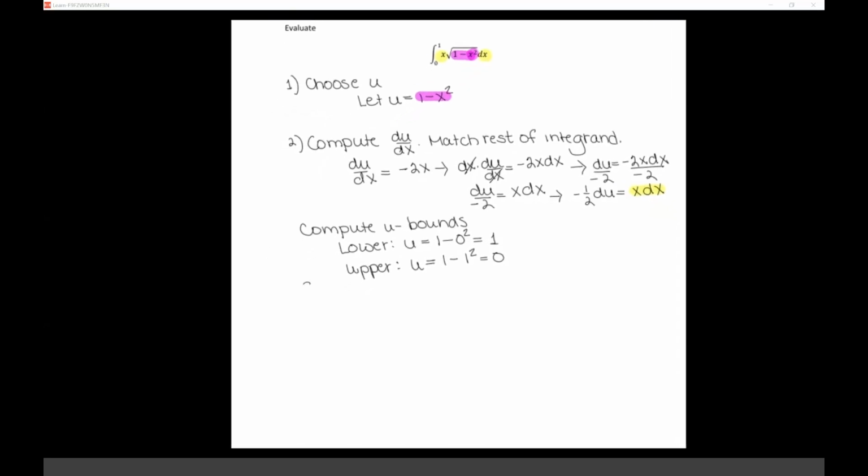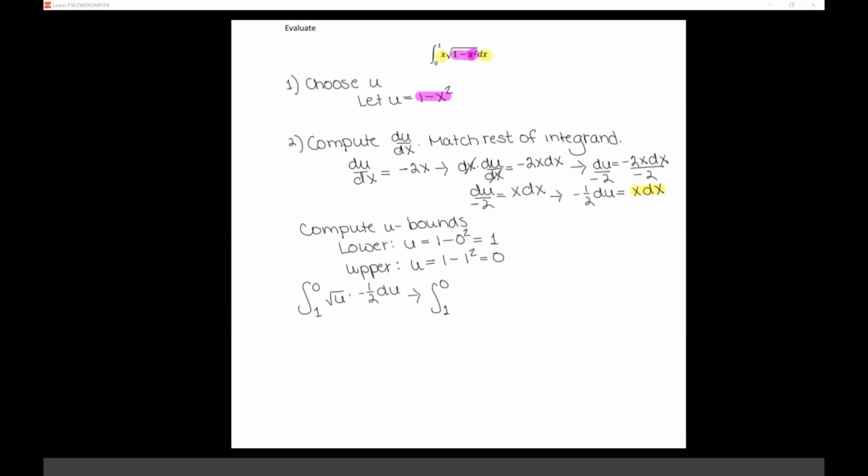Okay, so here are my u bounds, and then I'm substituting my bits in. I have the square root of u, and the x dx I have as negative 1/2 du. So there's the integral. I'm going to do a little massaging of it algebraically first to make it easier.